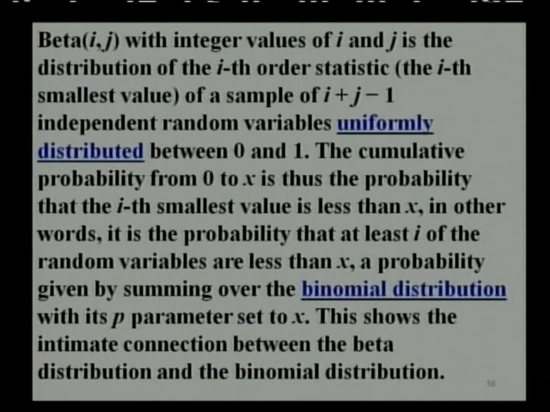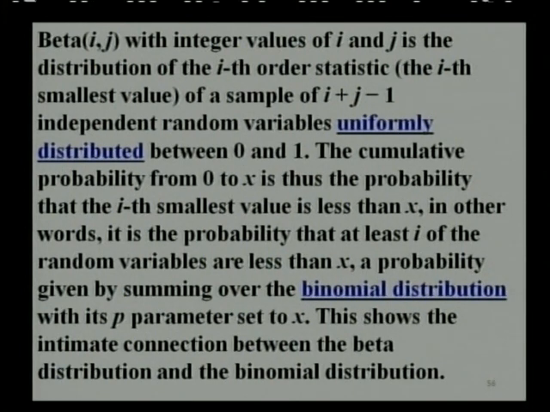Now, for the connection of the beta distribution with the binomial distribution: beta(i, j) with integer values of i and j is the distribution of the ith order statistic of a sample of i plus j minus 1 independent random variables, uniformly distributed over the values 0 to 1.